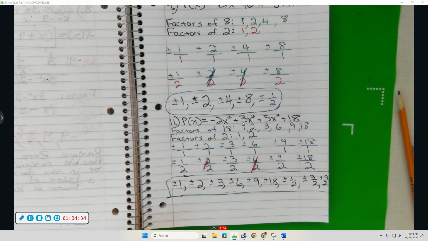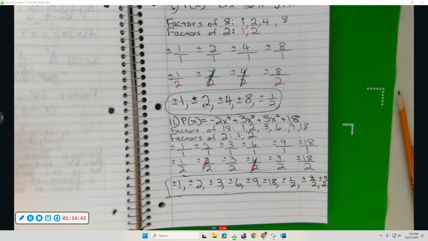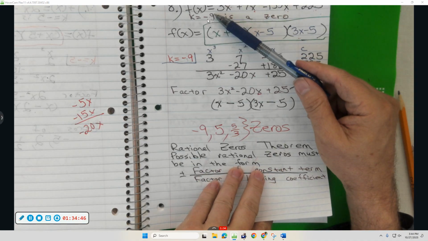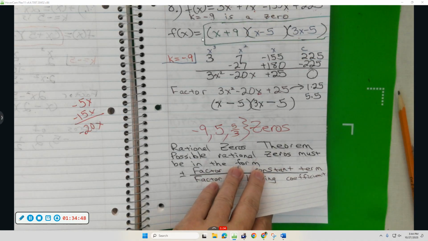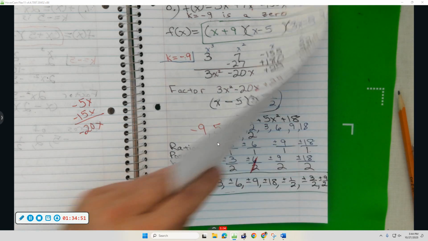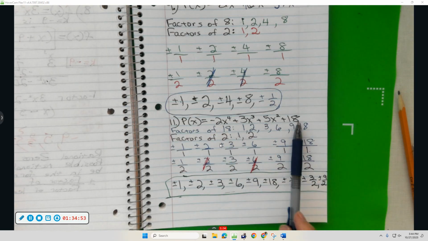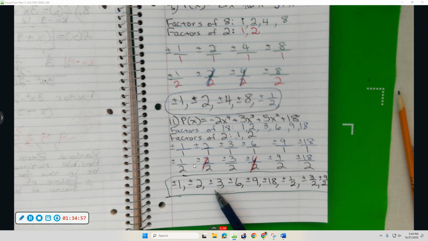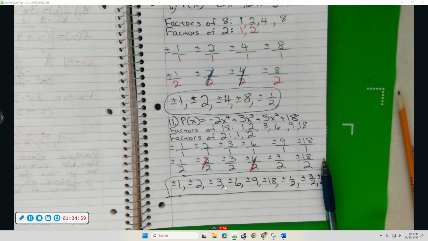Here's what we'll do. We've shown you how to find a list of numbers that could possibly be zeros. We've shown you how to factor a polynomial when you know a 0. We're not going to make you do the whole thing all at once. Find the list of rational zeros, then find one that is a 0 and begin factoring.